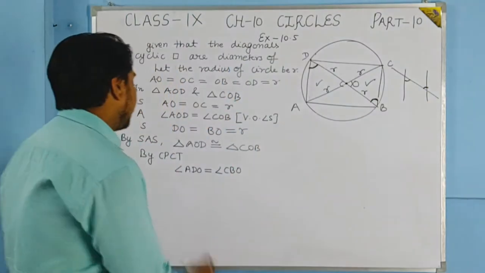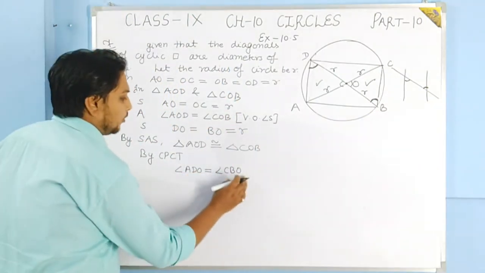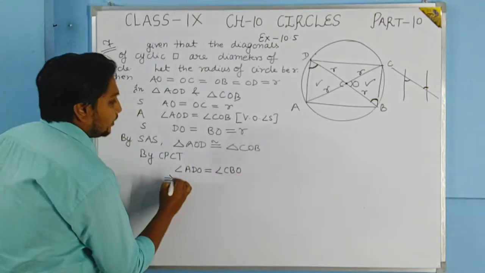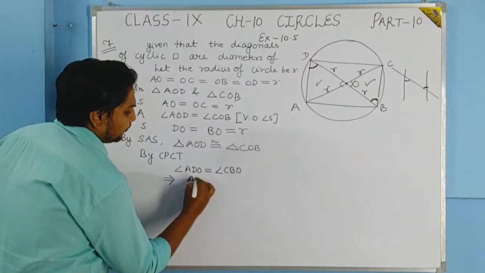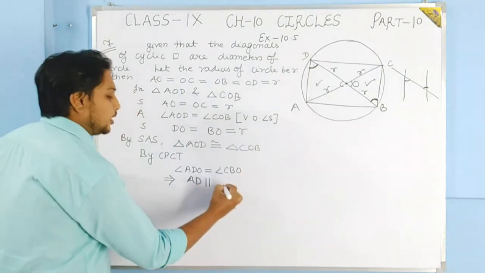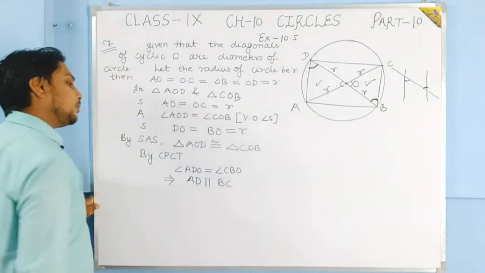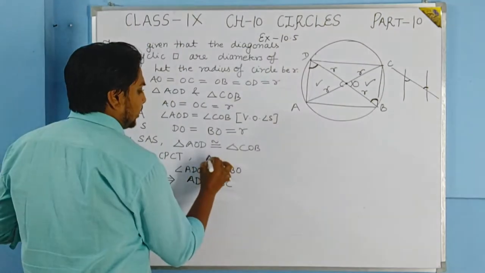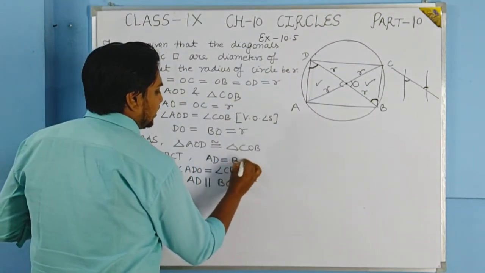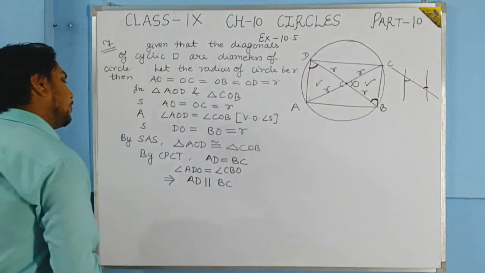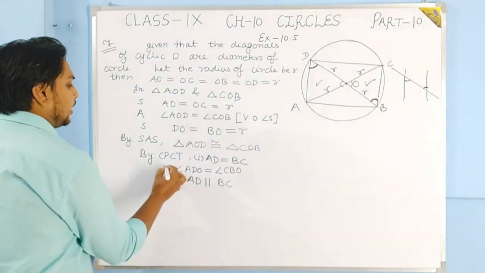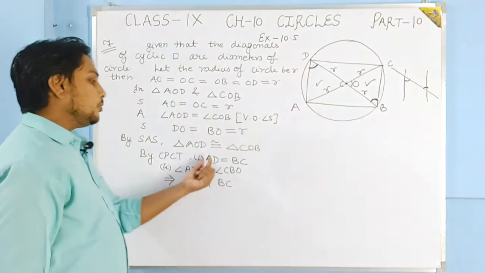Okay, so here if this condition is following, then we can say that the side AD is parallel to the side BC. Okay, and also by CPCT, what we can say, that AD is equal to BC. By CPCT, the first statement we can say that AD is equal to BC.